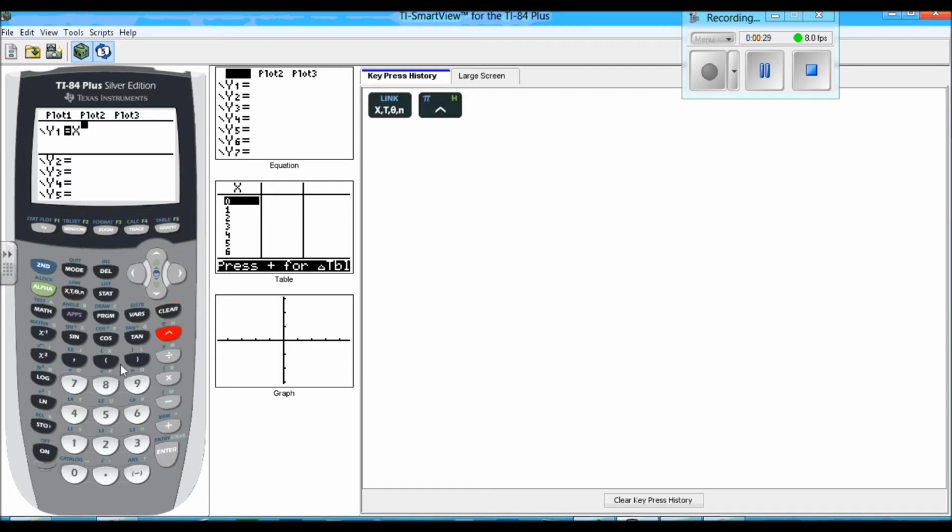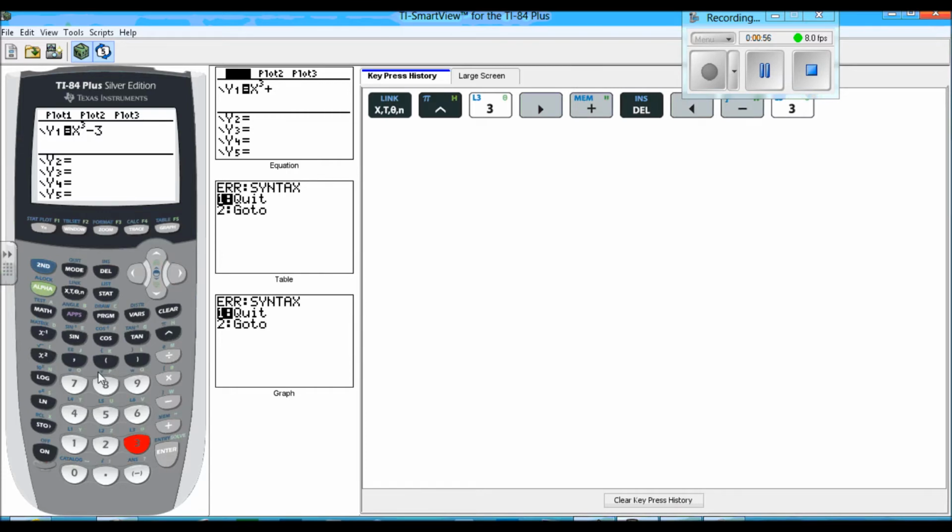There's no to the power of 3 button, so we need the caret, and 3x squared. Okay, so we know where the zeros of this are.